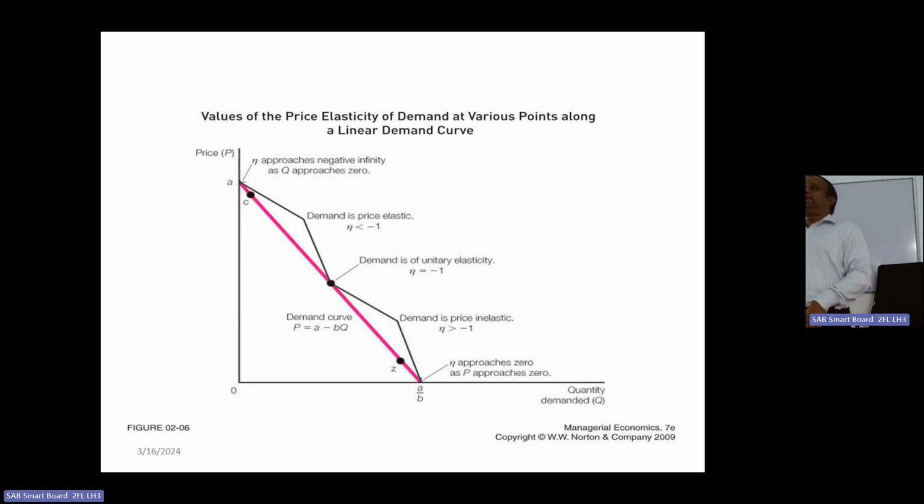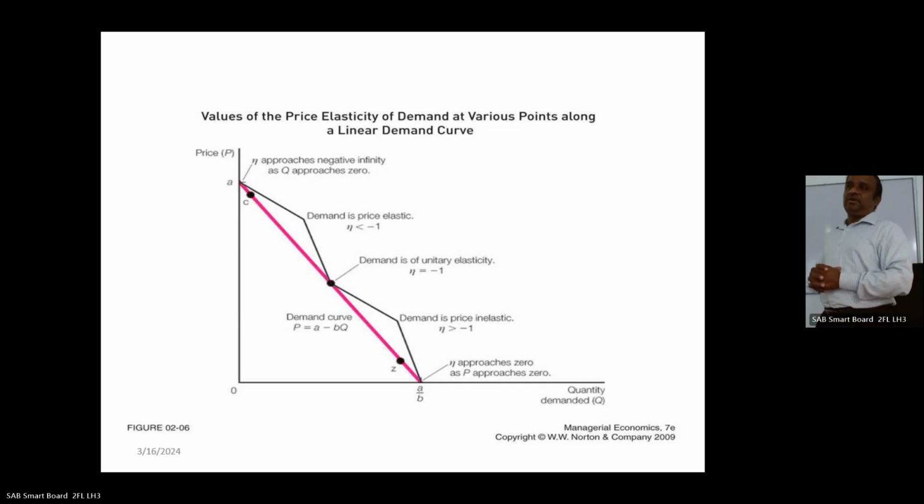The magnitude of change, the speed of change, is given by the price elasticity coefficient. That is the indicator that we use. Based on that indicator, we can explain the relationship between the price and the quantity.